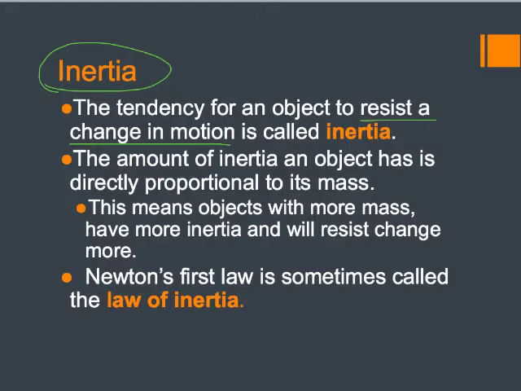Odds are you're thinking about things that are heavy or big, things that have a lot of mass. And that is entirely why inertia is related to mass. So the amount of inertia is proportional to the mass of the object. A bigger object has more mass, so that object also has more inertia. Objects with more mass have more inertia and are going to resist changes more.